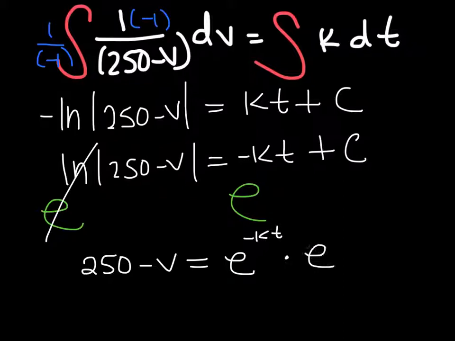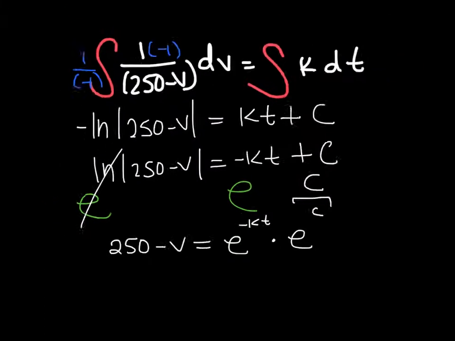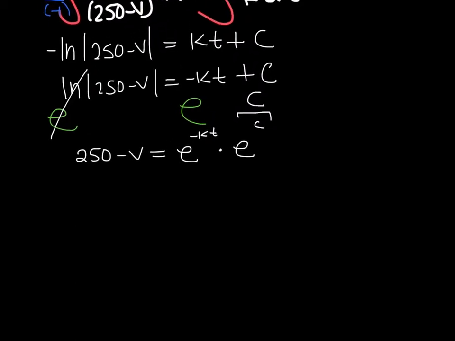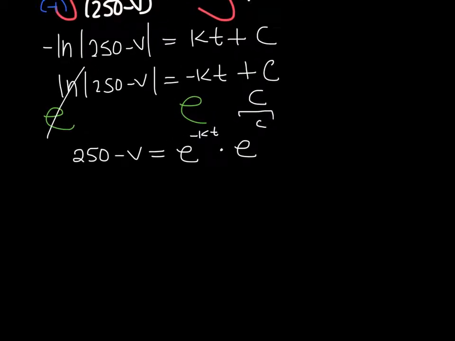I can rewrite this as e to the c, and I can call this big C or any other variable you'd like. So let me rewrite this as c e to the negative kt. Remember, we're solving the differential equation, which means we're finding the function v of t that satisfies our differential equation.